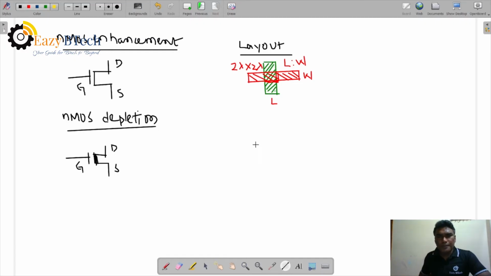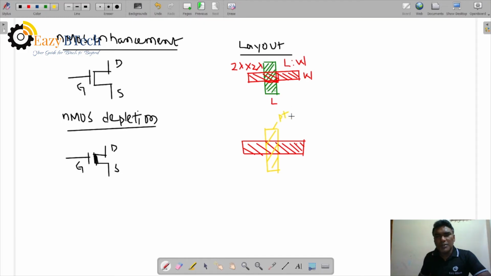Red over yellow, red layer and yellow layer. The red is over the yellow, and both are separated by thin oxide. Backward lines with near distance, and yellow has forward lines with separation. Green color is diffusion. Yellow color is P diffusion.